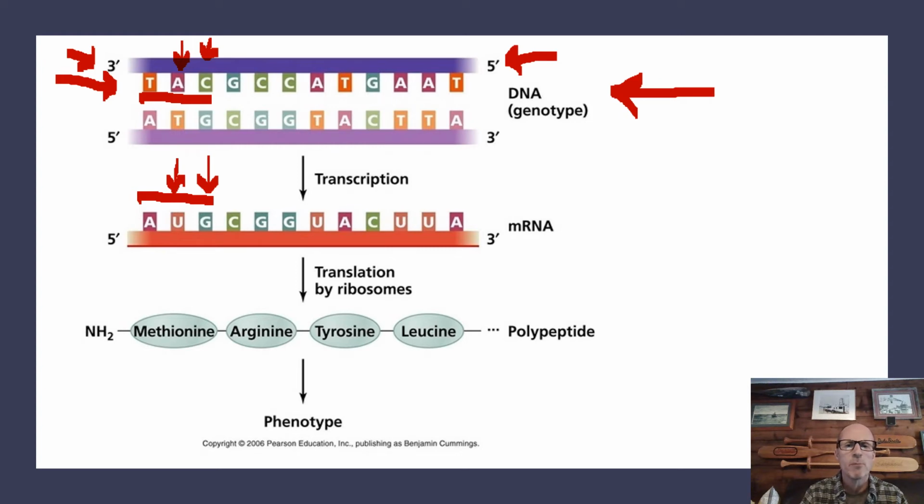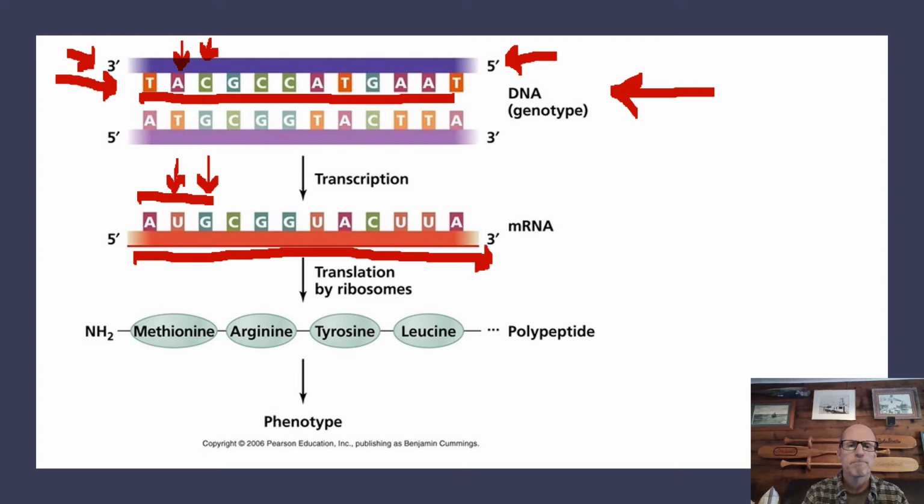As RNA polymerase reads across this DNA, it lays down brand new RNA that's complementary from the 5' to the 3' position. The next step, called translation, remember, occurs in the cytoplasm, and this is where the amino acids are very carefully laid down using the ribosomal RNA and the tRNA when they read the messenger RNA.